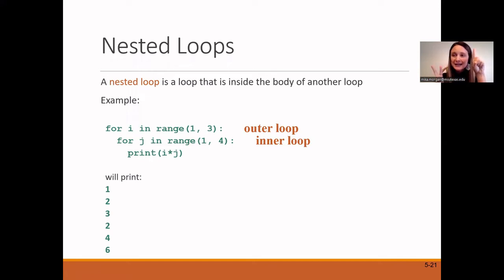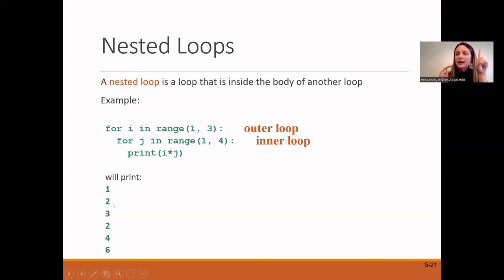But I still equals 1 because we haven't finished everything that the parent loop asked us to do yet, right? This outer loop is going to ask me to go through this entire thing. So I is going to remain 1 for all of the iterations of J. So now J is going to equal 2. 1 times 2, 2.